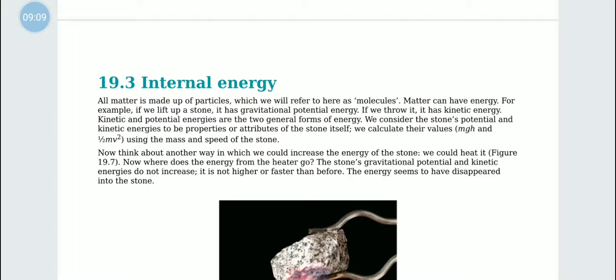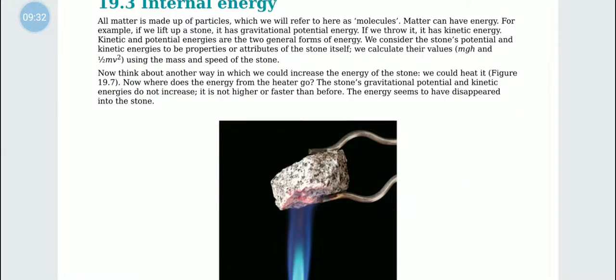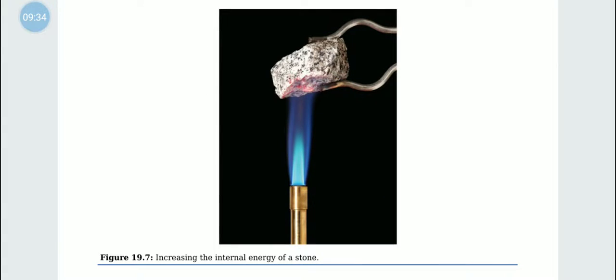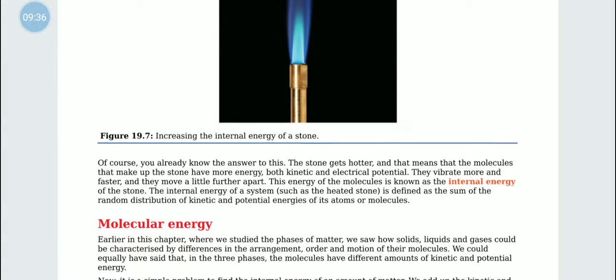This potential energy can be of different forms, you know them. Gravitational potential energy, electrical potential energy, etc. Within brackets, mgh and half mv squared. The sum of these potential energies and kinetic energy would be the internal energy.